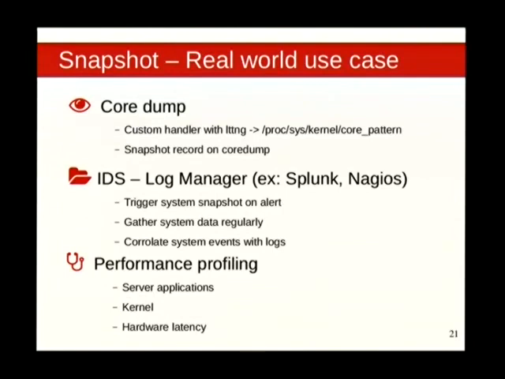So LTTng is being used to correlate data and logs, to merge with syslog also. We try to work with plugins that allow you to use tracing data with, for instance, Splunk or syslog in terms of time correlation. You can use that for performance profiling, and so on and so forth.